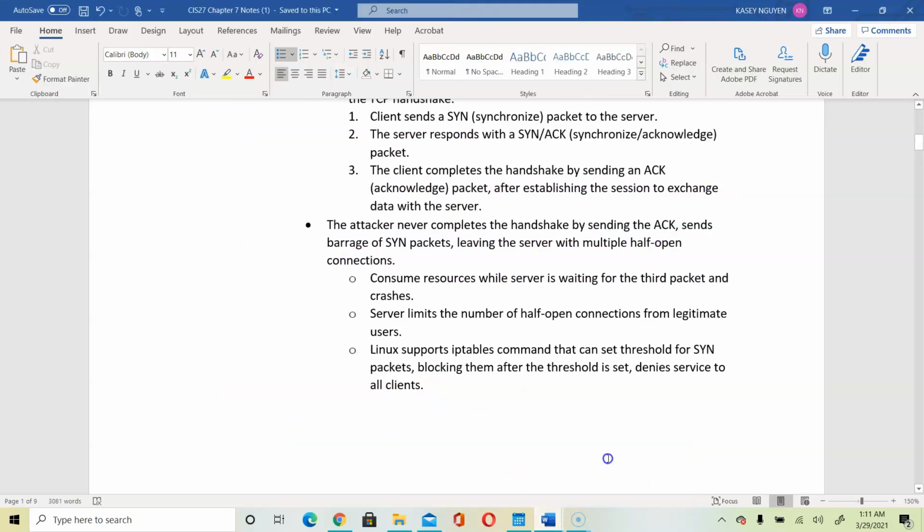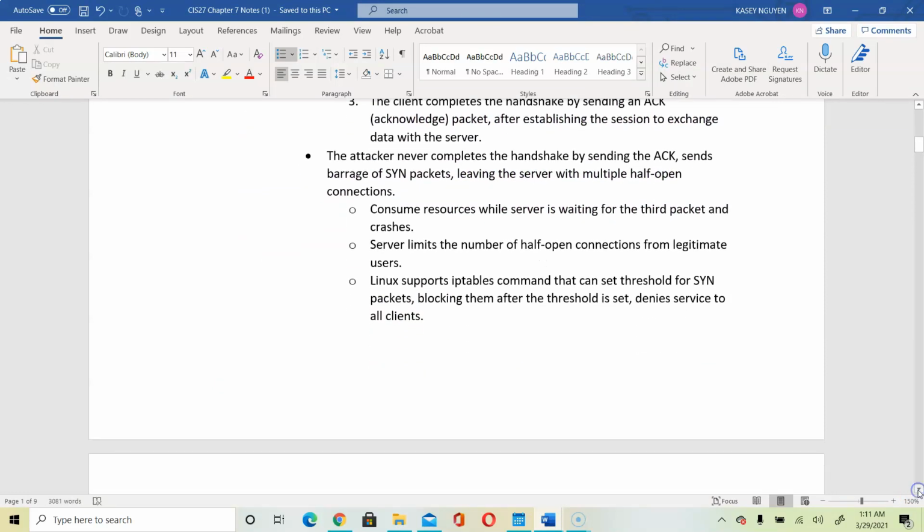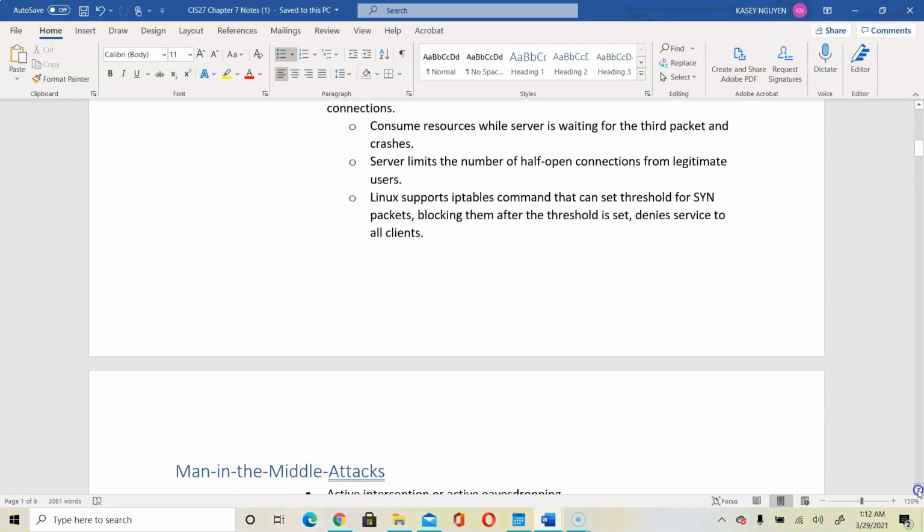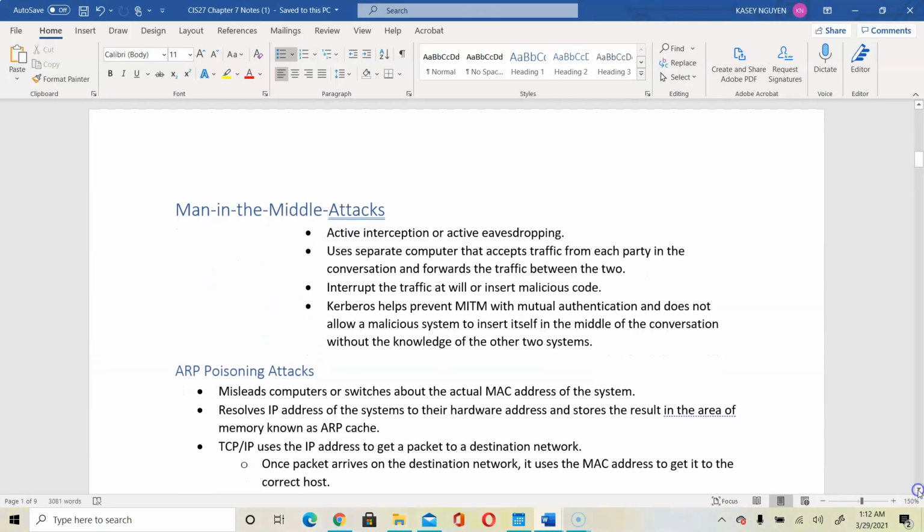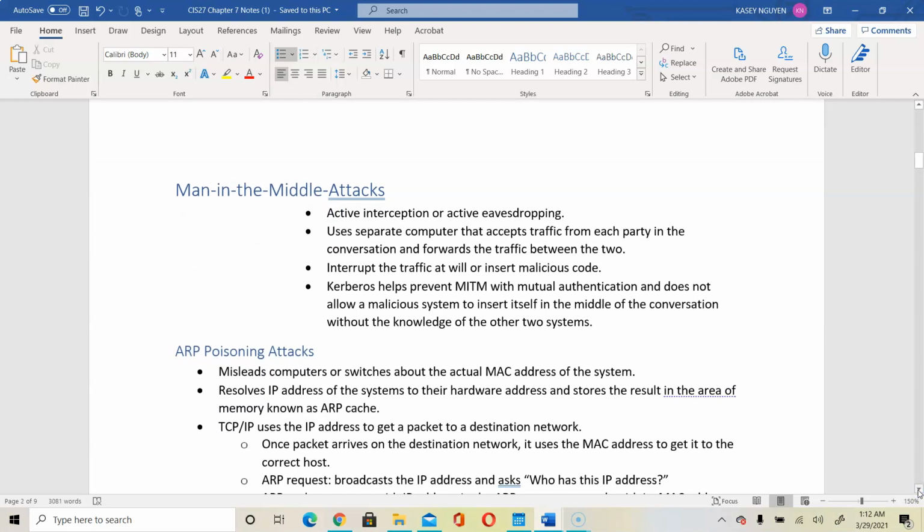So going back to the notes, it talks about Syn attack on page 1. Going into page 2, we'll touch on man-in-the-middle attacks. Man-in-the-middle is where the attacker would listen in to the traffic to start, and they would try to intercept the packets or network traffic.